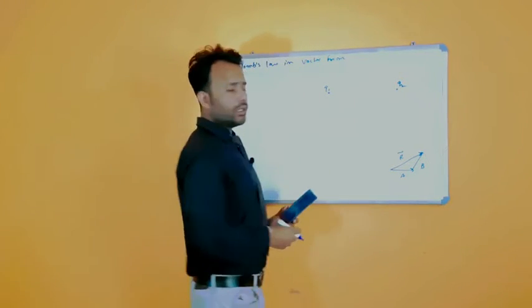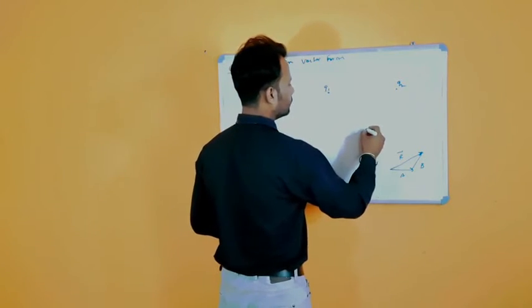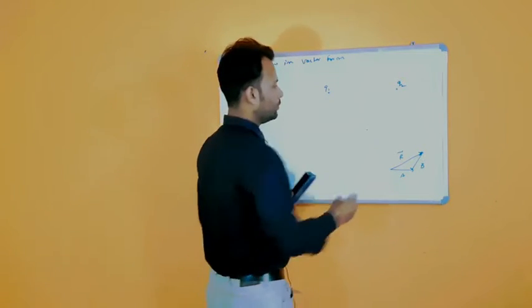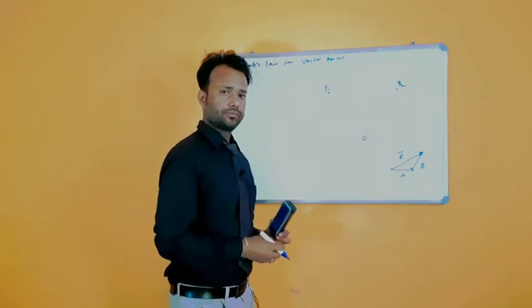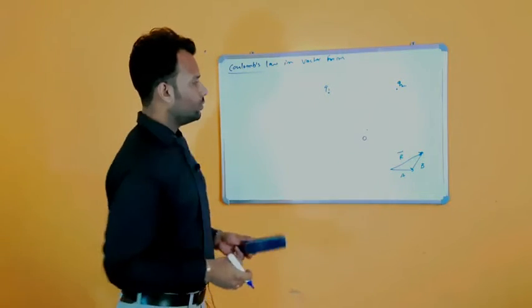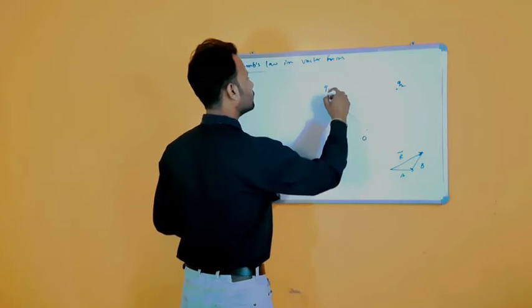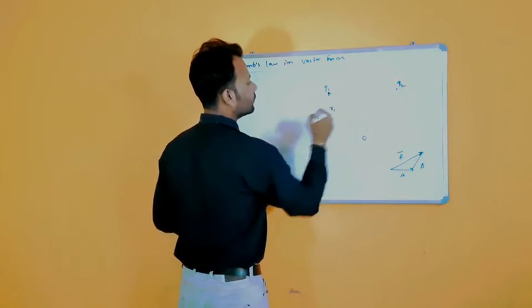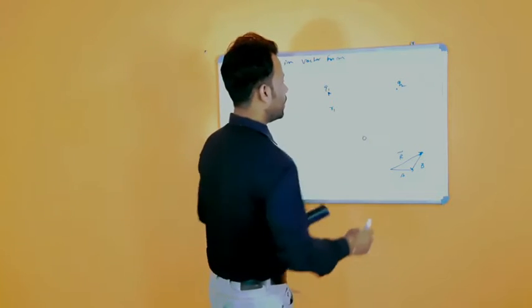And we are observing these two charges from a point, let's say O. This is a point O. Now the position vector of Q1 from O is, let's say, R1. This is R1, and of Q2 is R2.